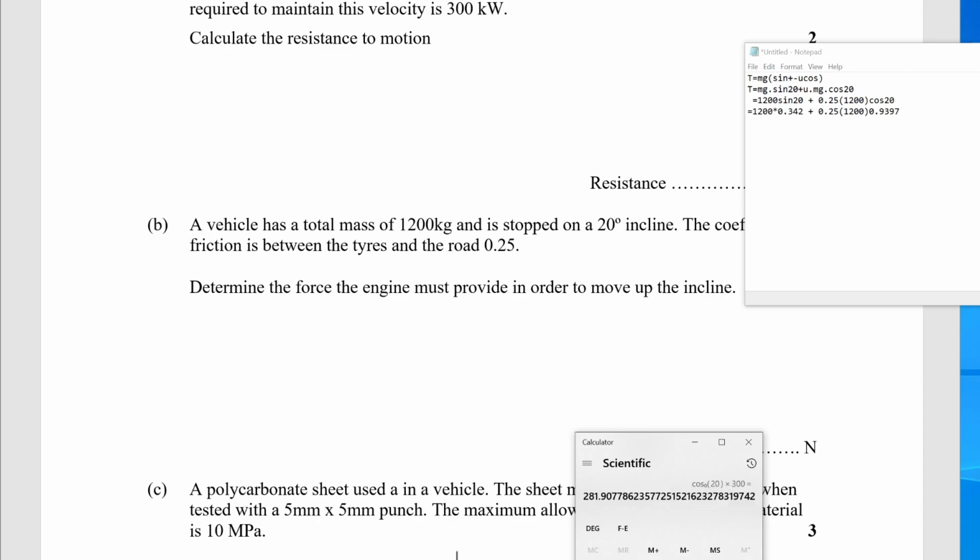Times 300, plus 212, and then here we're going to do 1200 times 0.342, which gives us 410. And then 410 plus 28 equals 692.4. Okay, that's the answer I have.